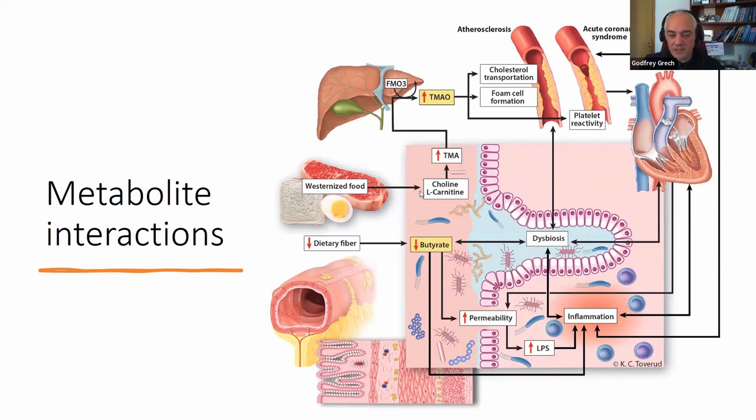Then the upper part: if there is high consumption of food that has a lot of choline and L-carnitine, that would result in very high amounts of TMAO. High amounts of TMAO would result in foam cell formation in the blood vessels, which is called atherosclerosis. Therefore, the combination of dysbiosis due to butyrate, permeability, presence of inflammation, the presence of atherosclerosis, altogether can lead to heart failure.